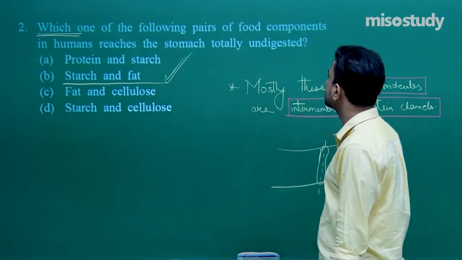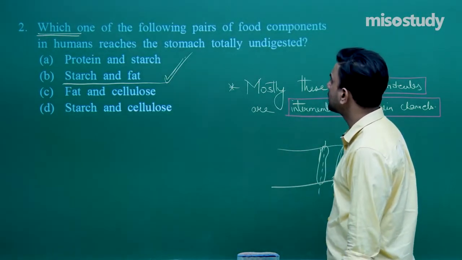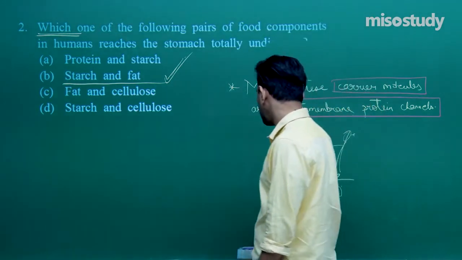Which one of the following pairs of food components in humans reach the stomach totally undigested?